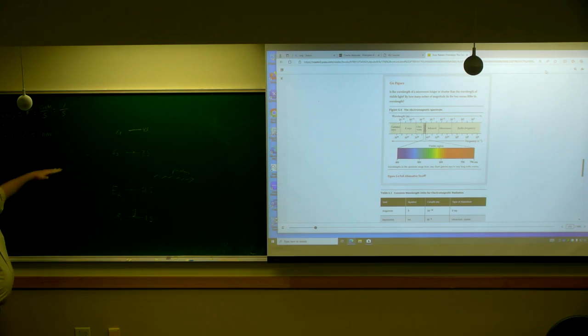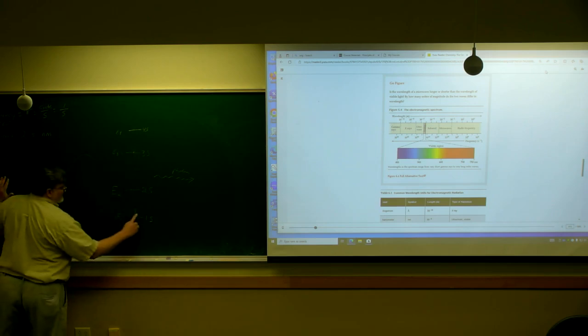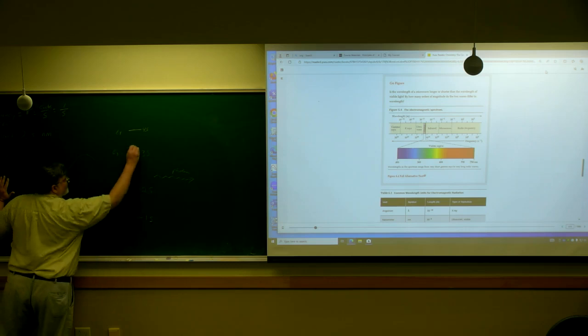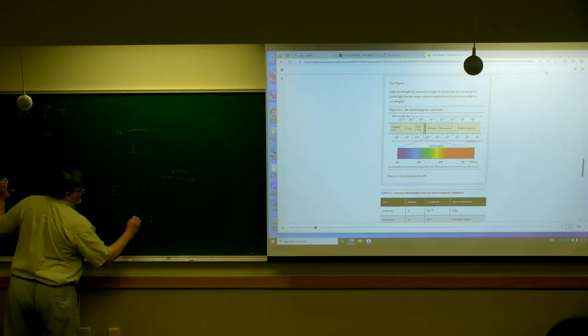So now we're getting closer. There's a certain energy that goes with each one of these photons. These will be different energies, just like they're different wavelengths and different frequencies. But I brought up energy now to point out that, yeah, the photon has to bring energy in to pop an electron up somewhere.